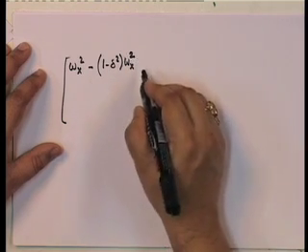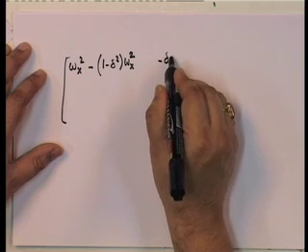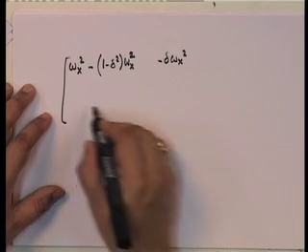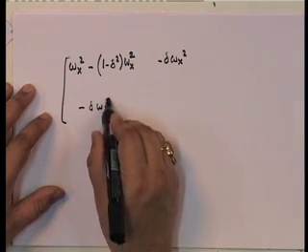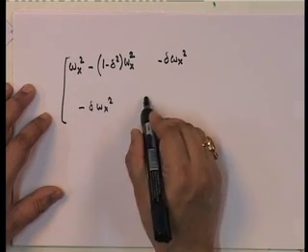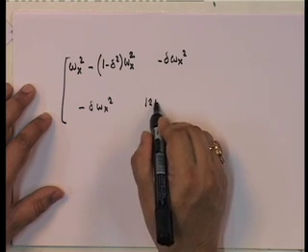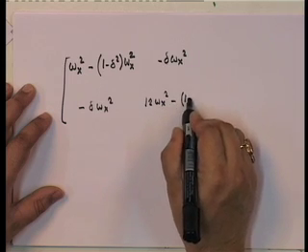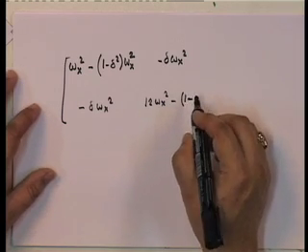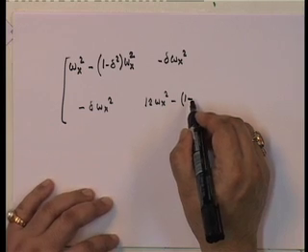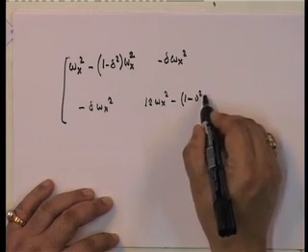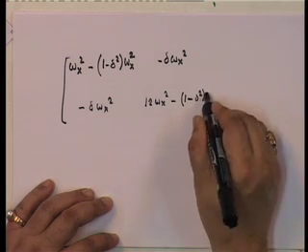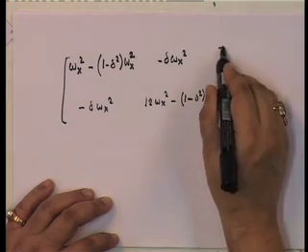omega x squared. The other one turns out to be delta omega x squared. This becomes minus delta omega x squared, and this one becomes 12 omega x squared minus 1 minus delta squared, into omega x squared.